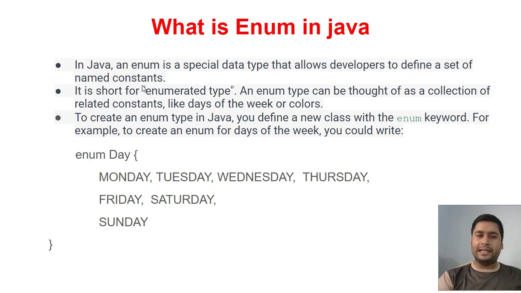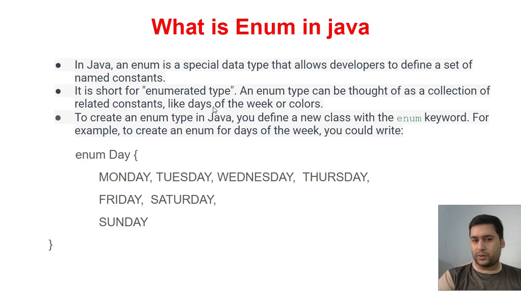Basically, in real-time projects we create separate classes for storing all those constant values. But apart from that, if you want to store some logical constants or behavior constants, you have to take the help of the enum. It is short for enumerated types, and enum types can be thought of as collections of related constants, like days of the week or colors.